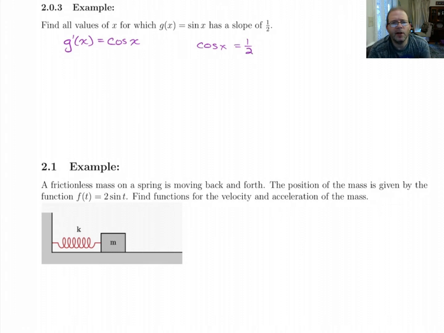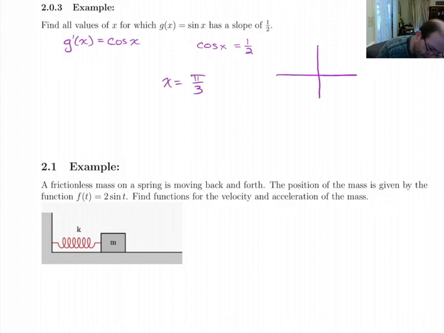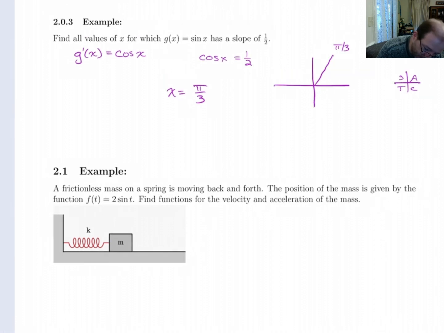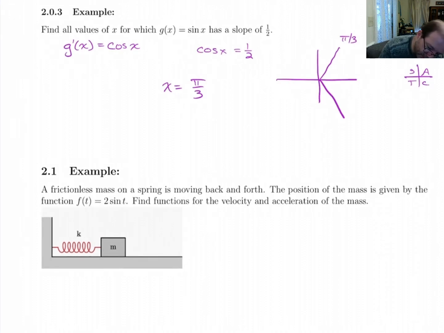Different people learn how to do this in different ways. Some people use the unit circle. I just remember my special angles. One of the solutions to this is x equals pi over 3. Let's see, what else do we know? All sine, tangent, cosine. So down here is another quadrant where we'd have a solution.